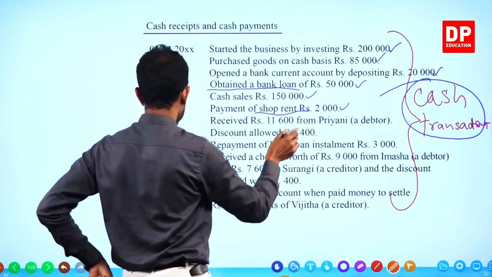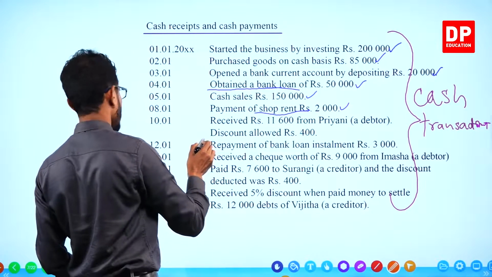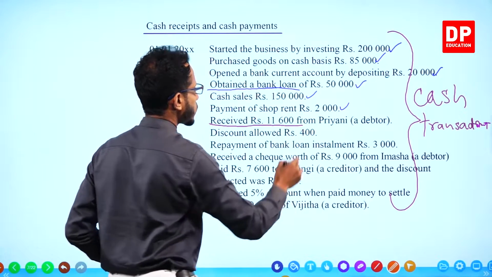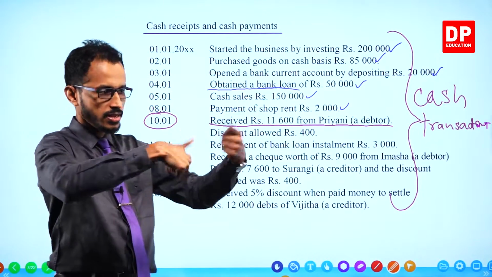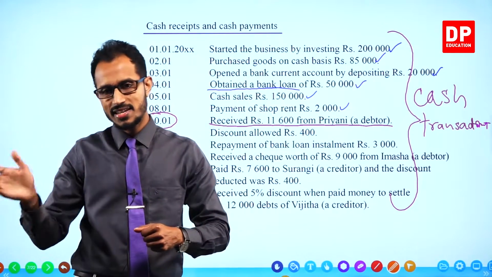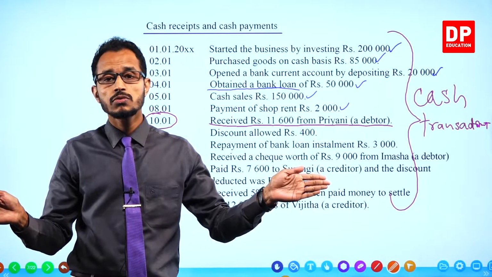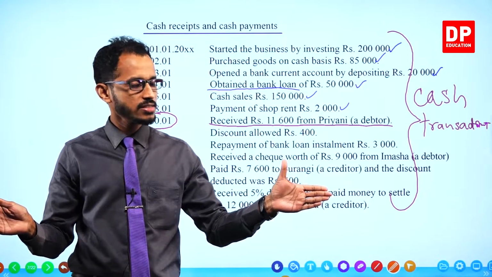Received 11,600 from Priyani. So money coming into the business. Cash book, debit, 11,600. Credit to which account? Priyani's account, credit.